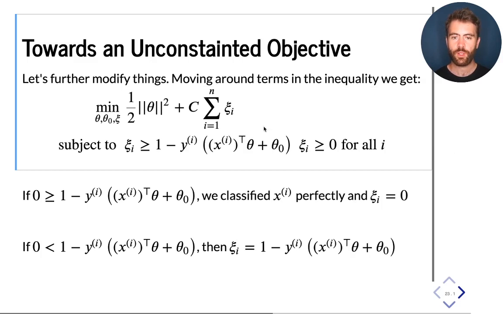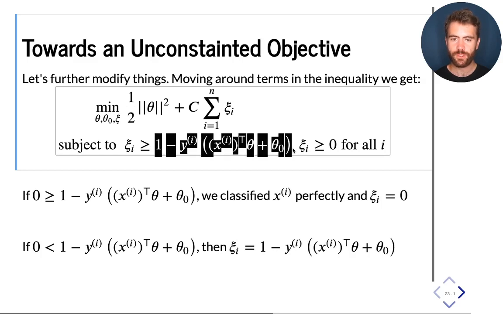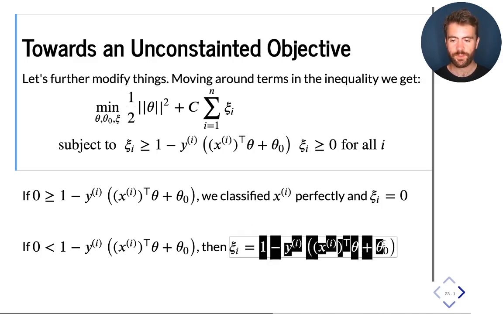And since we're minimizing each xi, this xi has to take its lowest possible value. And if this term is greater than 0, then xi cannot equal 0. Xi has to equal this term.